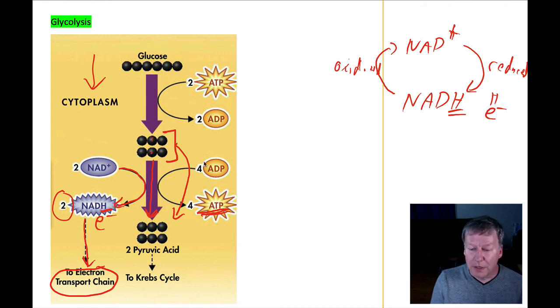ATP is the form of energy we want. We can use that later. That's great. These ATPs are ready to go. But we are also doing a series of oxidation reduction reactions, and we are reducing NAD plus to NADH, stripping small amounts of energy off this glucose molecule. And we're going to use that later to create more ATP. And you'll see how that works coming up.